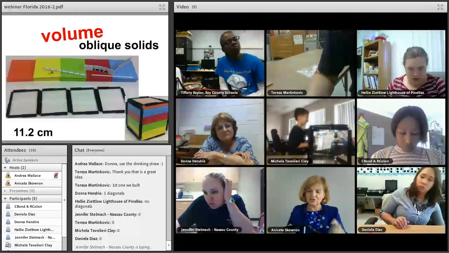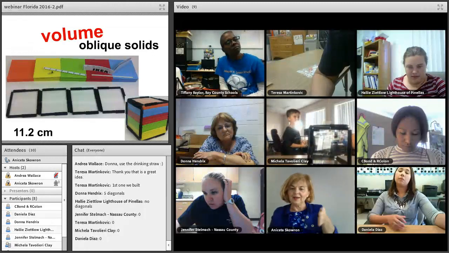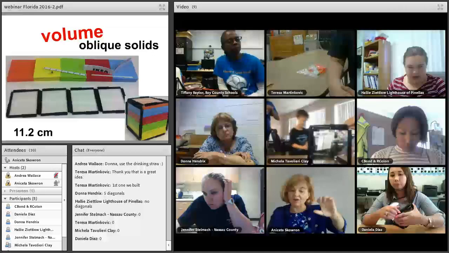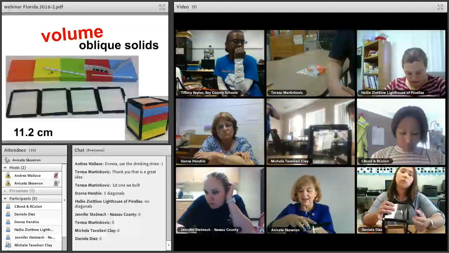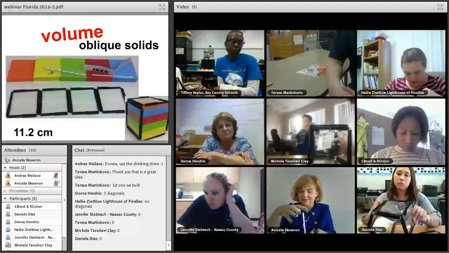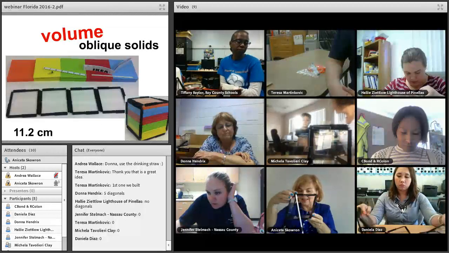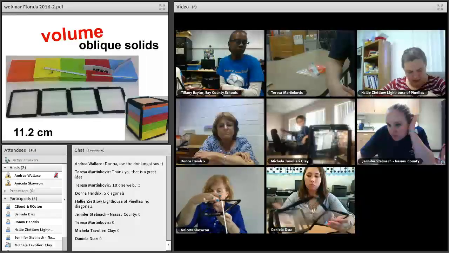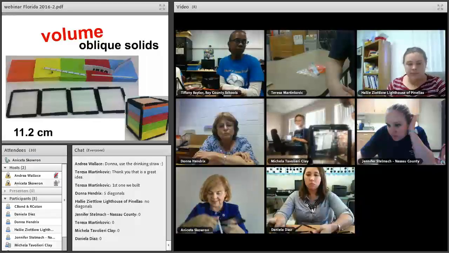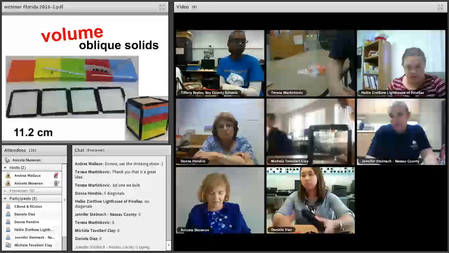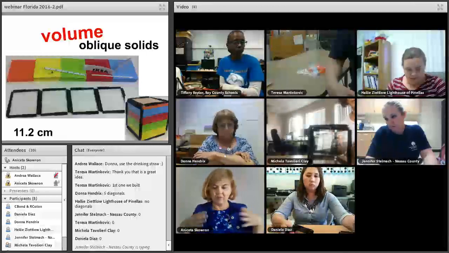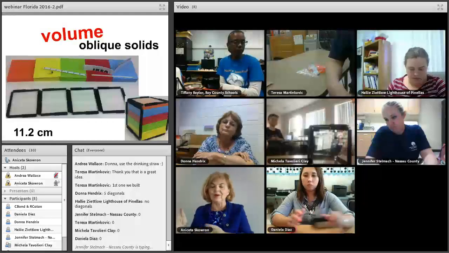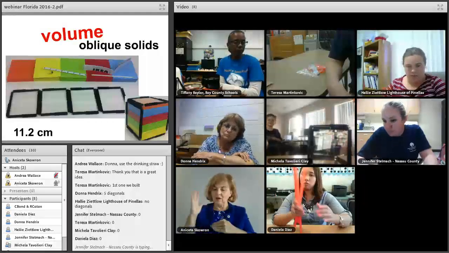So it shows how the volume gets smaller because the height gets smaller. We have the same base all the time. It's just that the height gets smaller and smaller until it's 0. It's another way of conceptualizing the relationship between volume and the height of the prism.